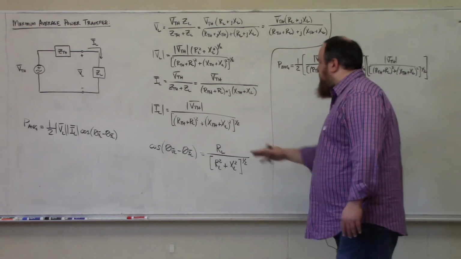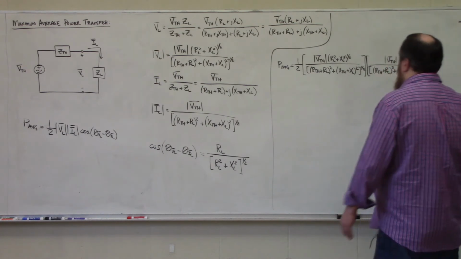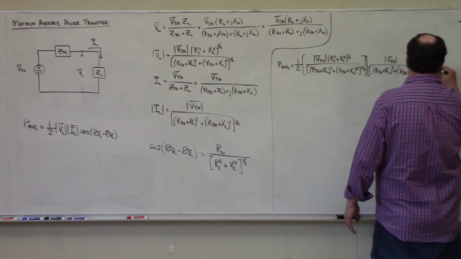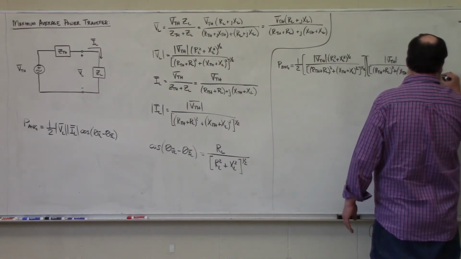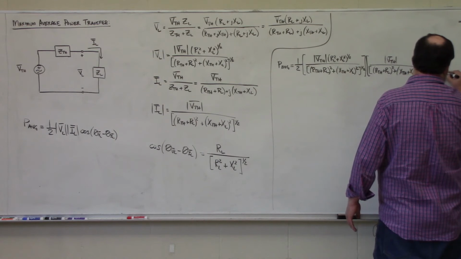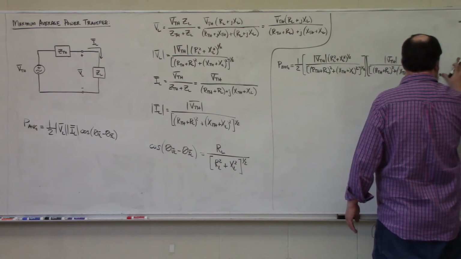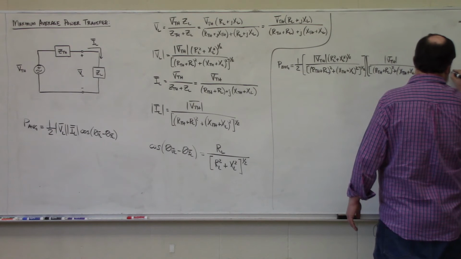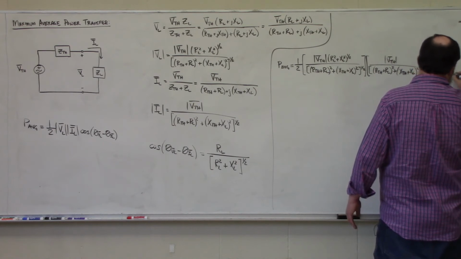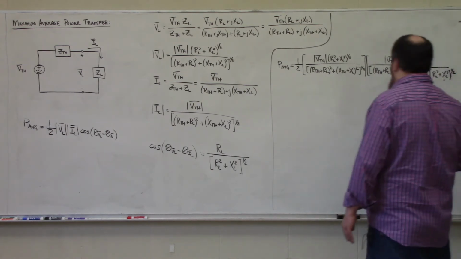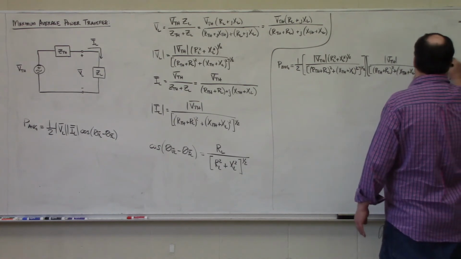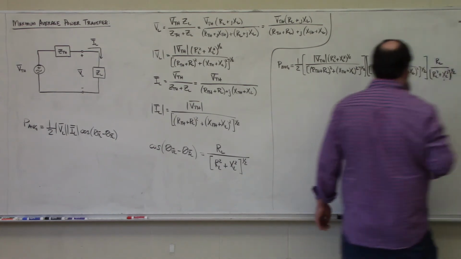And lastly, I'm substituting in my relationship for the cosine. So that's going to give me an RL squared plus XL squared to the 1/2 power. And up here, I'm going to have RL.